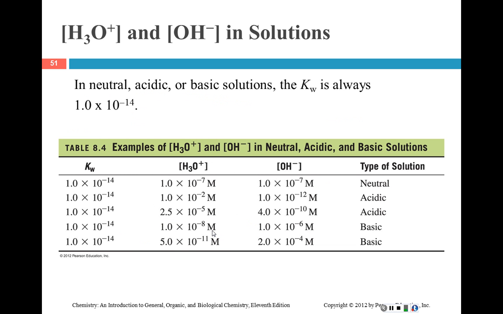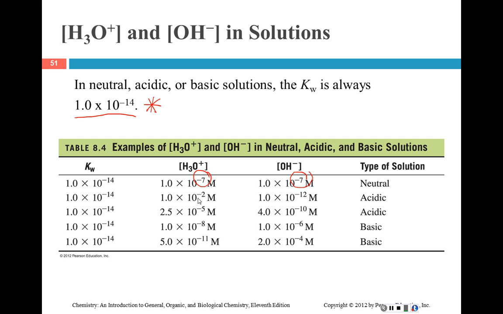In neutral, acidic, or basic solutions, the Kw is always 1 times 10 to the minus 14. Okay, we said Kw was a constant, so constantly it has to equal 1 times 10 to the minus 14. If it's neutral, you're going to have 10 to the minus 7 and 10 to the minus 7, which give minus 14.